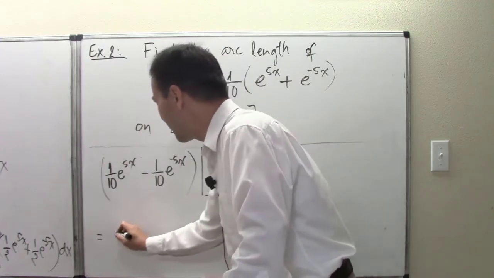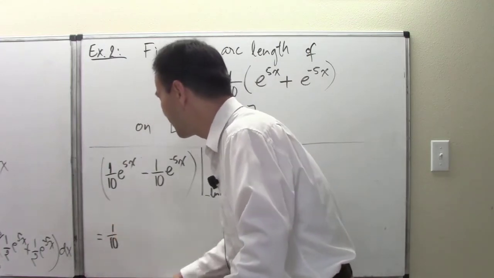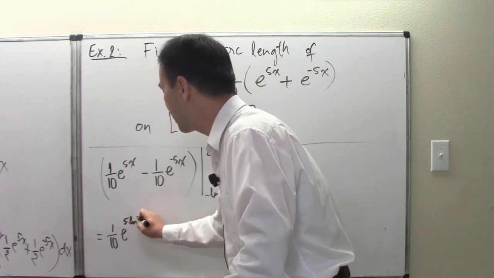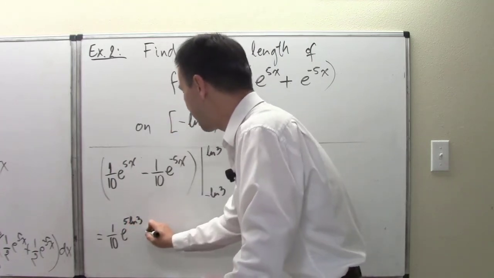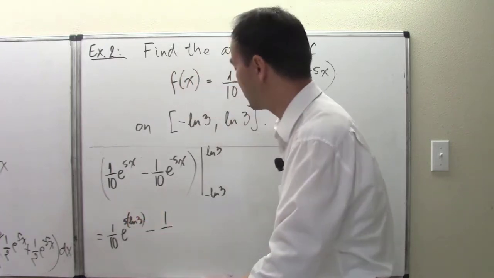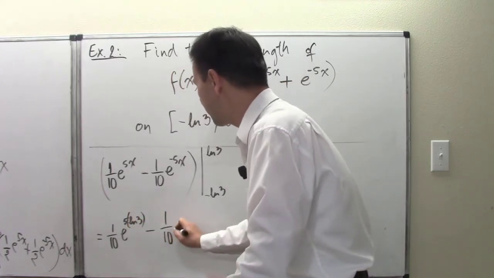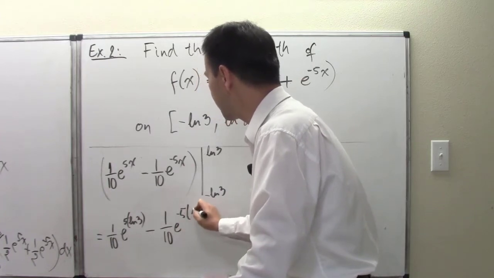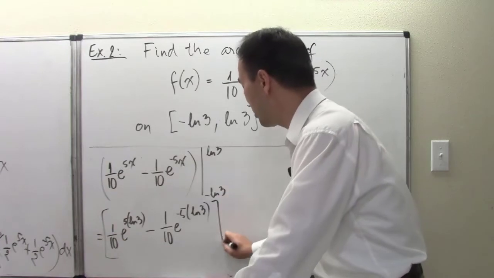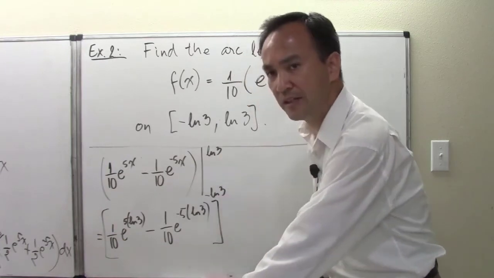So now what I'm looking at is 1/10 times e to the 5 times natural log of 3, minus 1/10, and I should have kept that in parentheses, times e to the minus 5 times natural log of 3. That's the antiderivative evaluated at the upper limit of our integral.